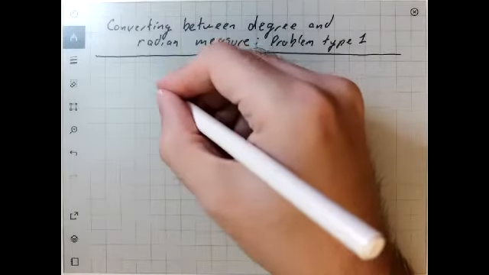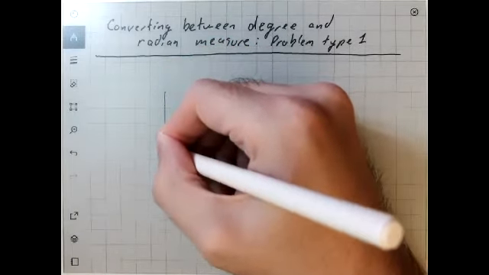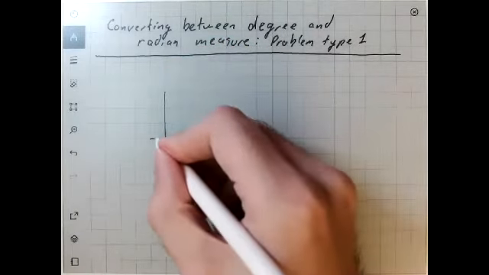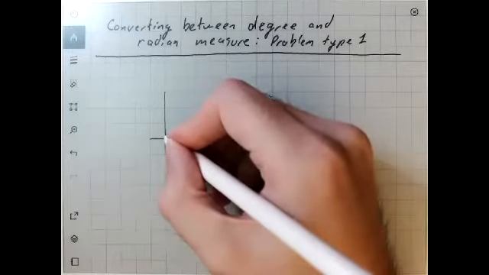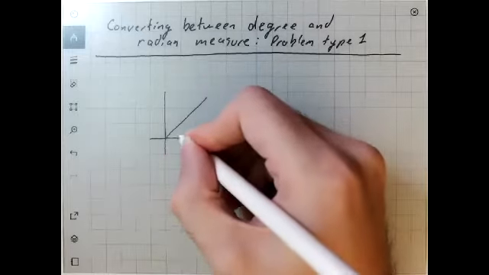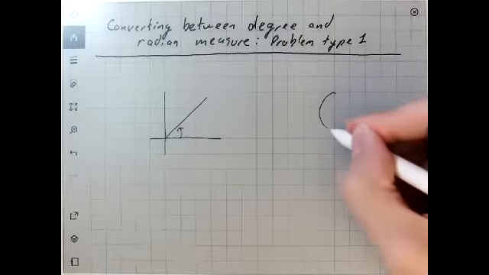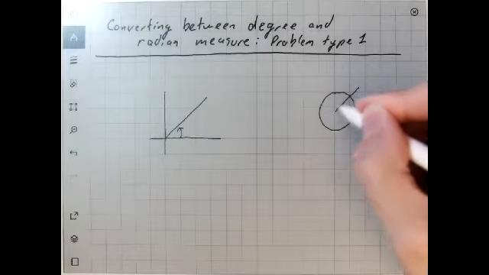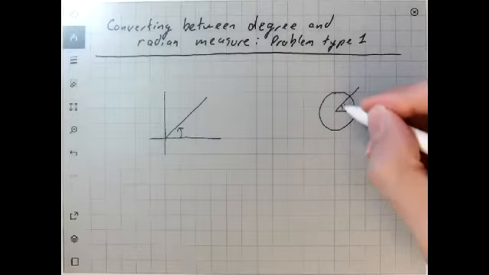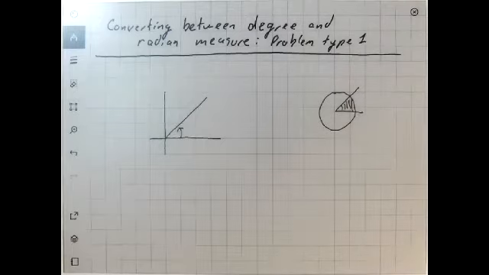You are probably already familiar with the ideas of degree measure, and degree measure talks about the angle as the rate at which the lines separate, or sometimes you see degree measure talked about in terms of, in a centralized circle, compare the fraction of the area inside and outside.